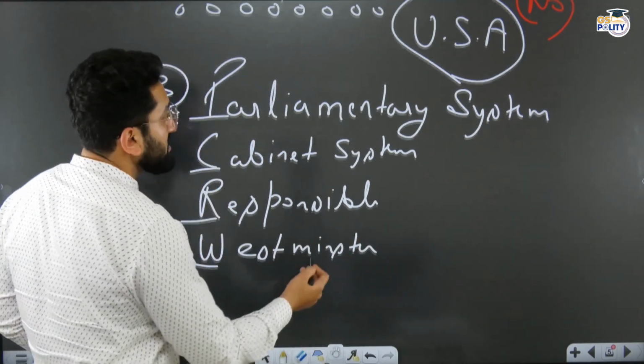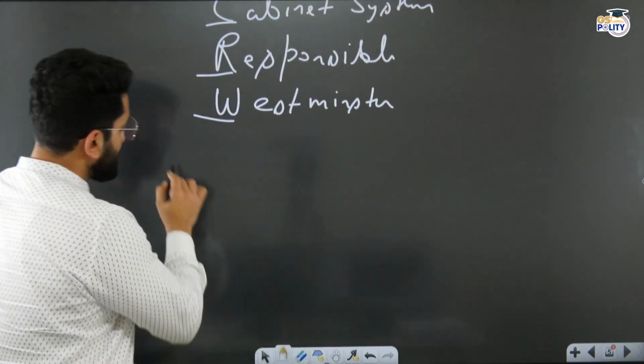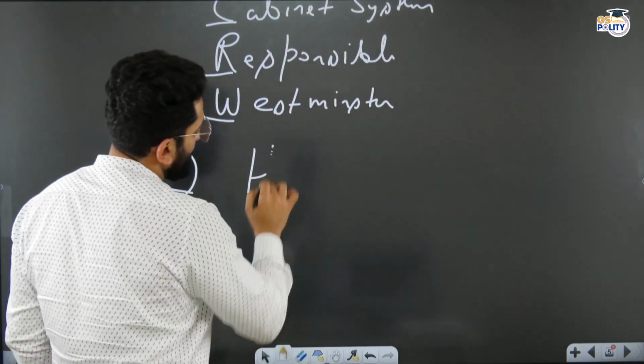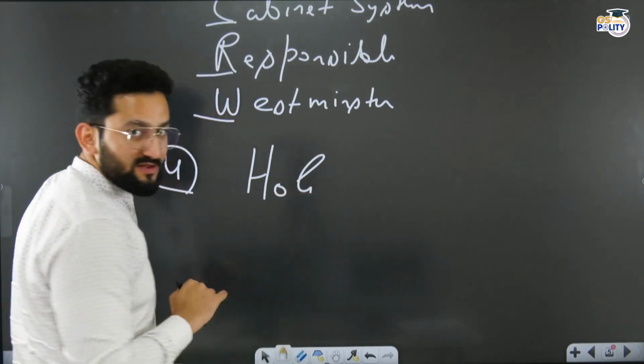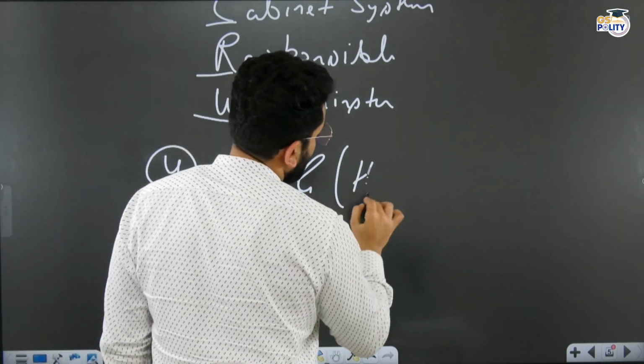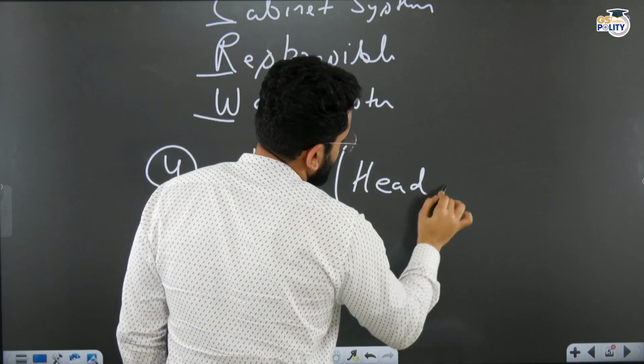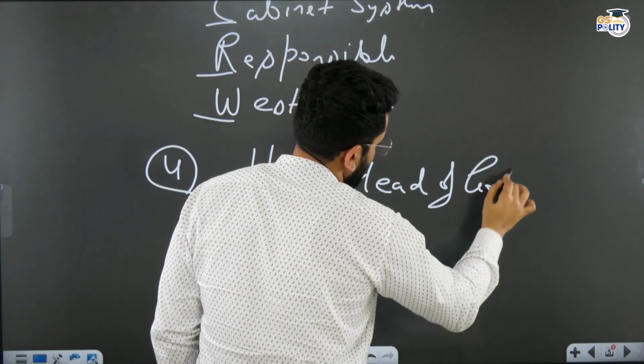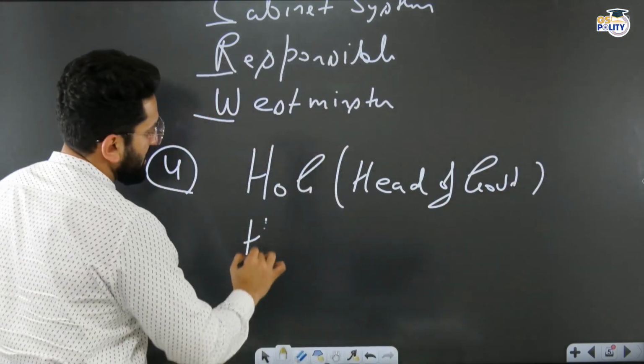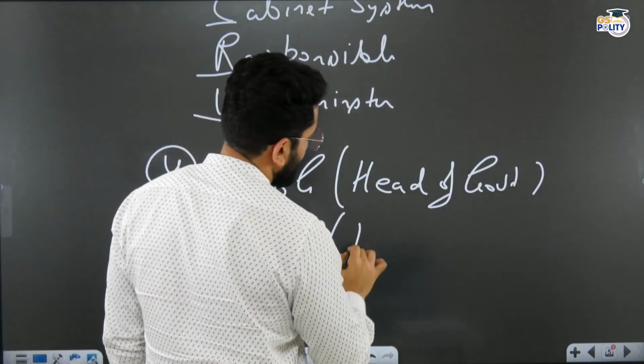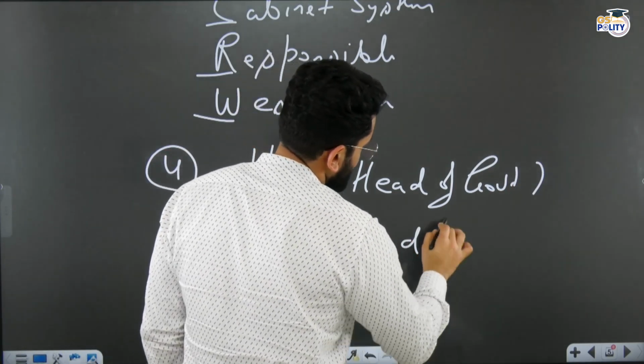Now, there are two words which need to be clear in your mind. One is HOG, I'm talking about head of government. Another is HOS, say head of the state.